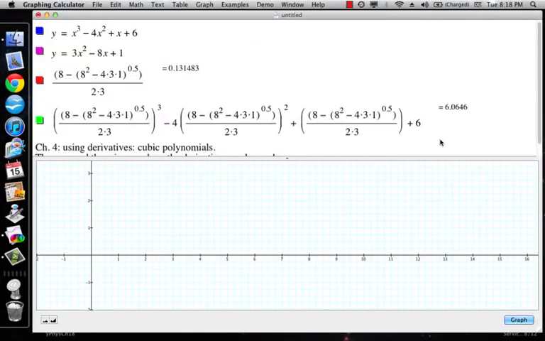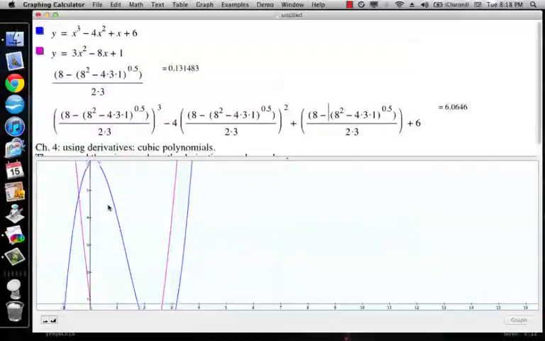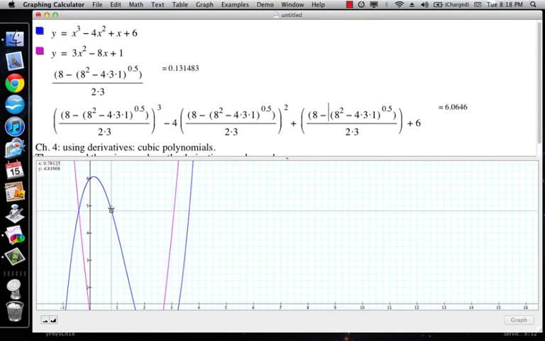And so then I get 0.131483 and 6.0646. And so if I go up right there, I've got 0.131483 and 6.0646. So basically calculus has allowed me to very quickly find the max and the min of those.